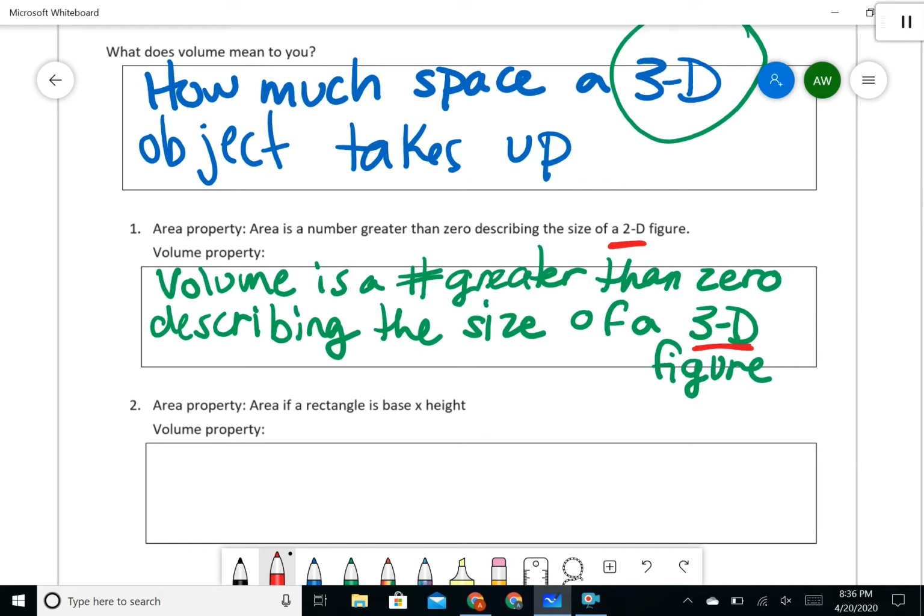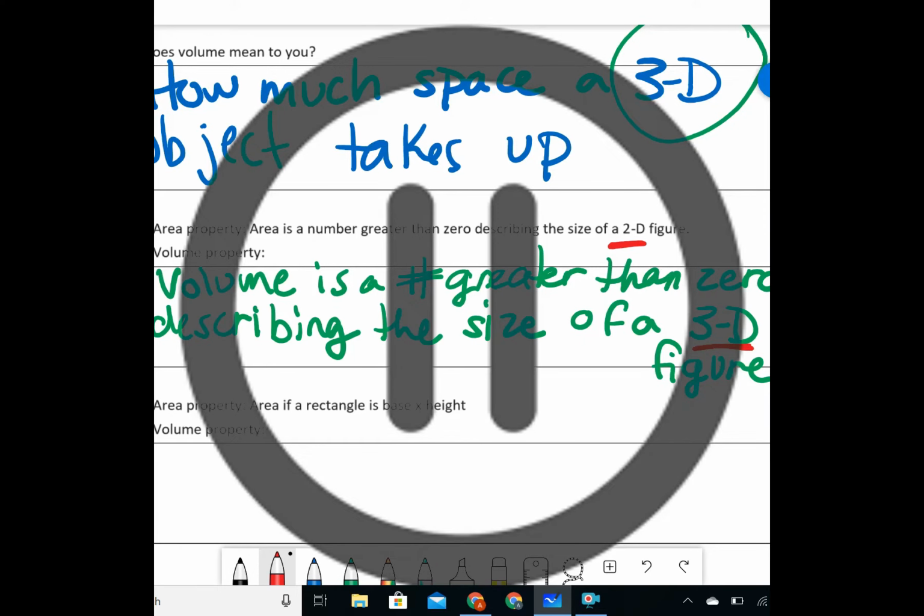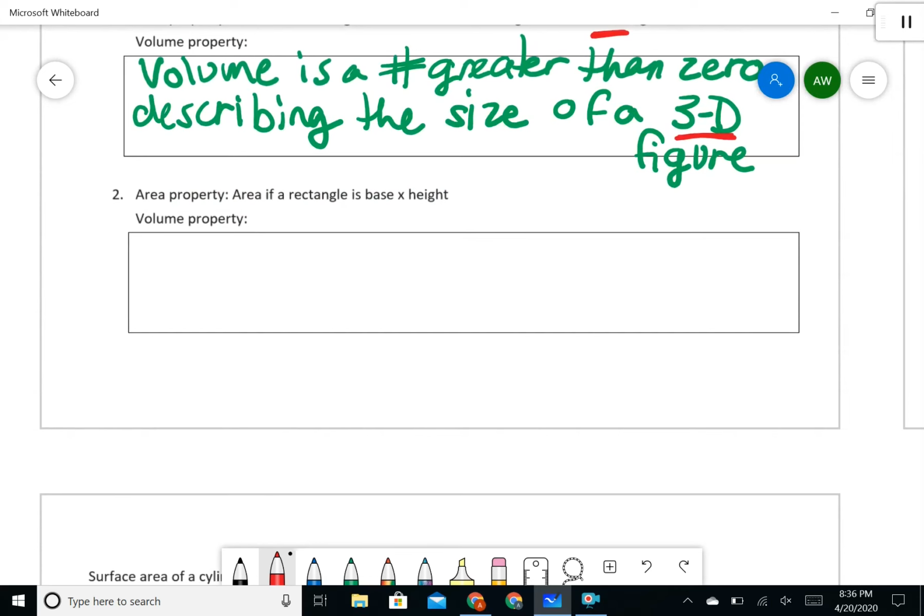So now I'd like you to pause this video and take a moment to think about what would the analogous volume property be. All right, so let's talk about volume. The figure in 3 dimensions that's analogous to a rectangle is a rectangular prism, right? So here, instead of saying area, we're going to say volume.